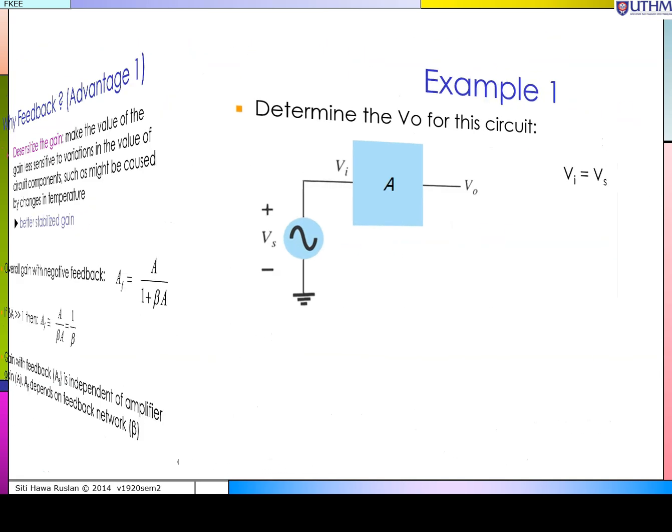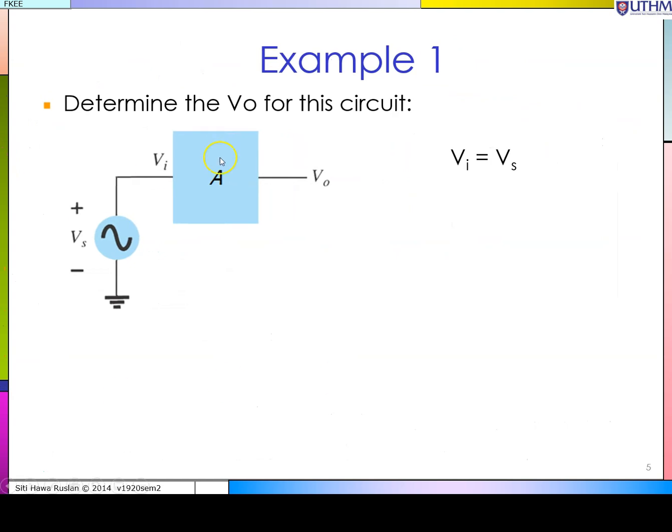For example, if you look over here, this is a circuit without feedback. I have a source Vs, and since there is no feedback, my input is equal to Vs. So what is my Vo?